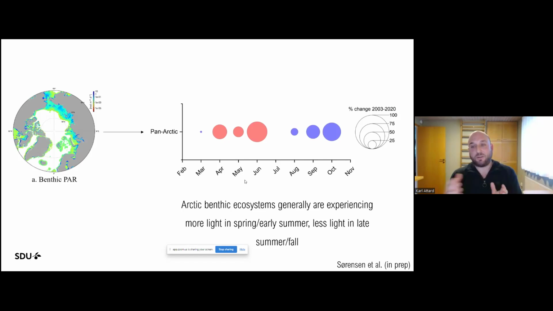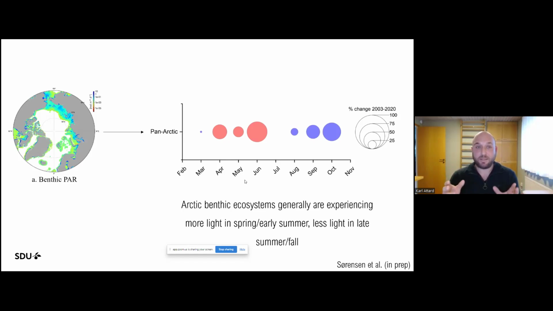But this is being counterbalanced in the late summer and in the autumn. And this trend seems to be quite consistent for different regions of the Arctic too. So Espen's been working on different regions as well and calculating these sorts of statistics for it. Some regions, by the way, increased by about tenfold in the spring and early summer.